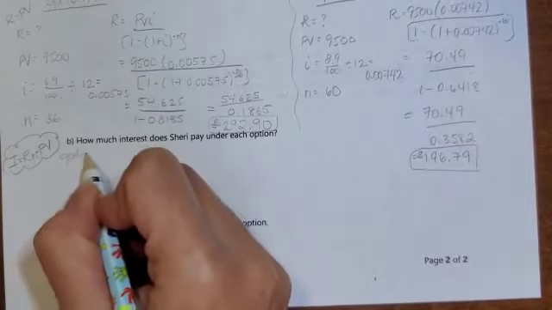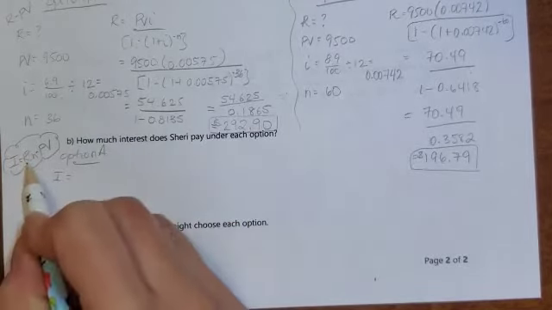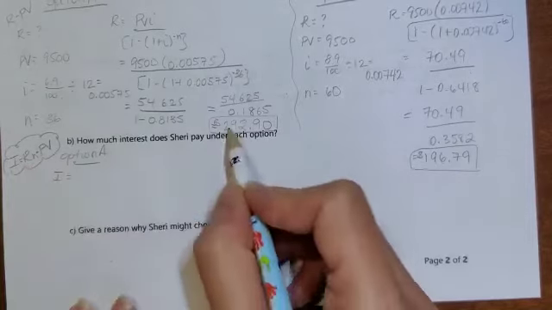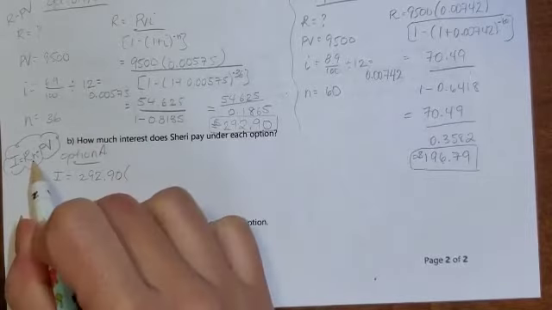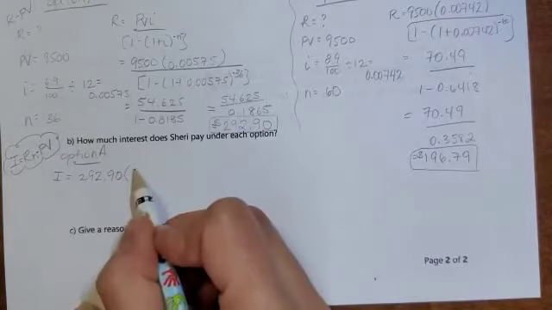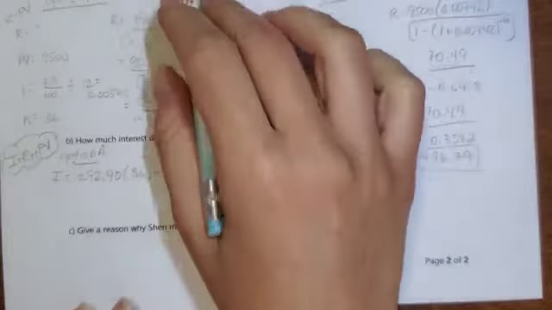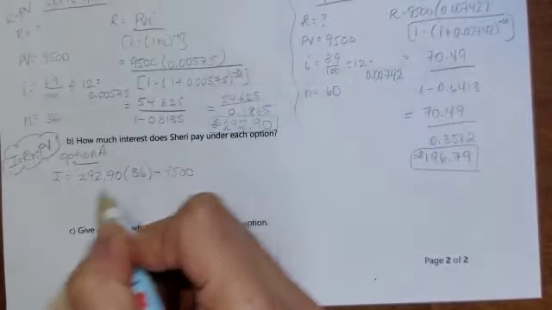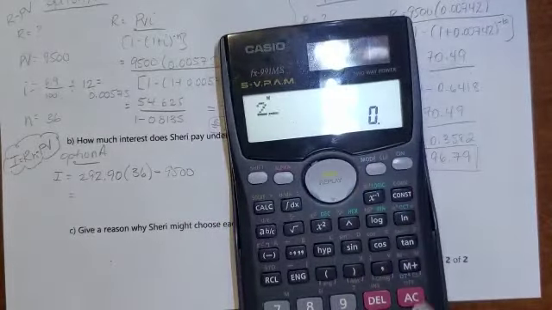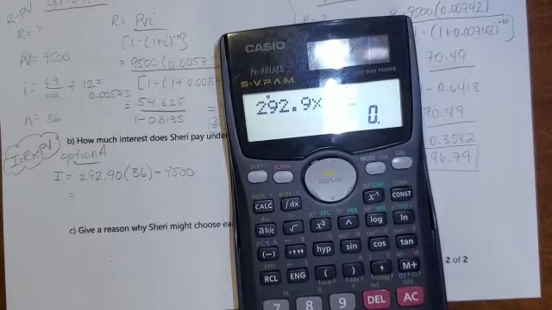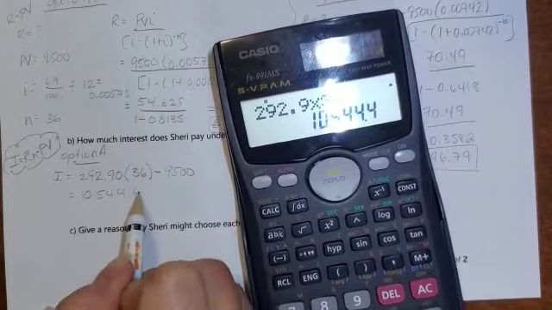So in option A, interest equals R, which we've calculated to be $292.90, times our N value, which is 36, subtract our overall borrowed amount, which was 9,500. So 292.90 times 36 is $10,544.40.